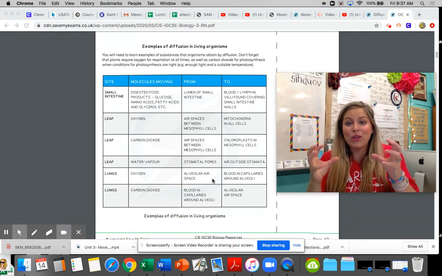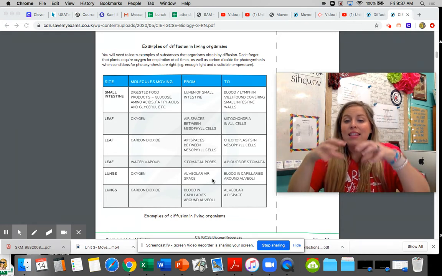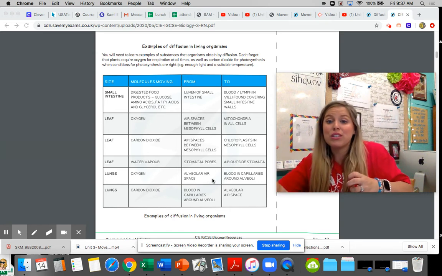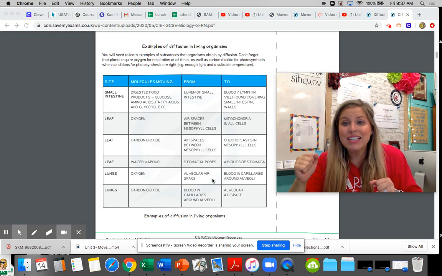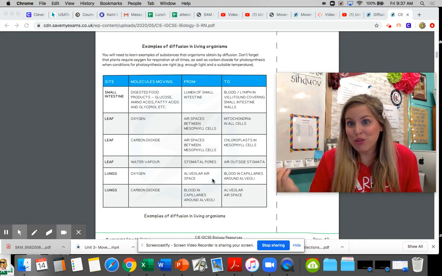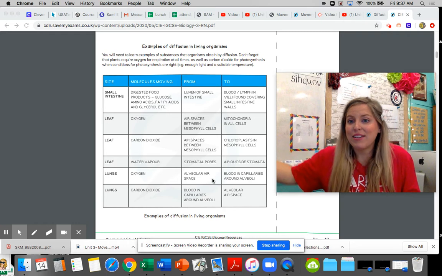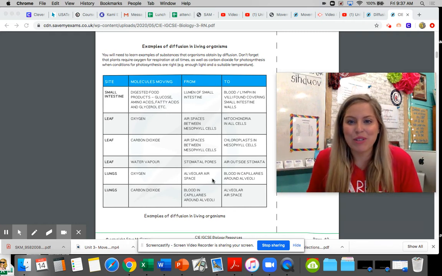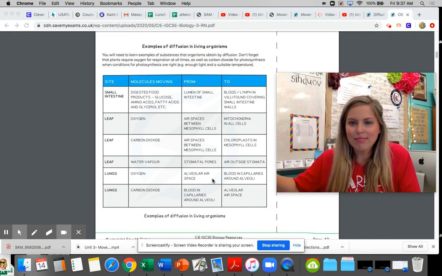The oxygen diffuses across the alveoli air sac into a very small capillary, where it then attaches to a red blood cell. And that red blood cell, as it's pumped through your circulatory system with your heart, takes oxygen, which is so important for our cellular respiration and just having us function in general, all throughout the body.